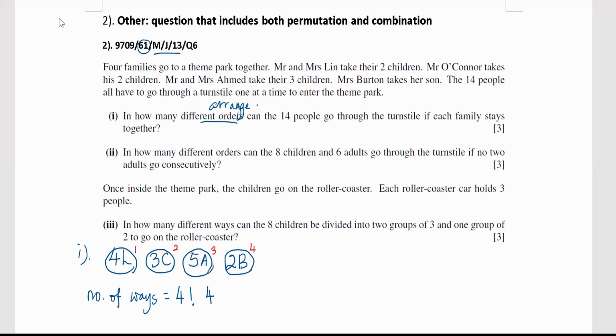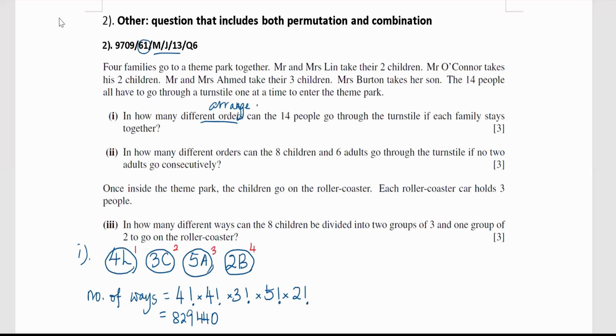Then they have 4 factorial ways. And the O'Connell also have 3 factorial ways to arrange among themselves. 5 Ahmed arrange among themselves, and Button, the 2 of them will arrange among themselves. And by using the multiplication rule, we multiply all of them together, and that will be the number of arrangements that we need. And the answer is given by 829440.